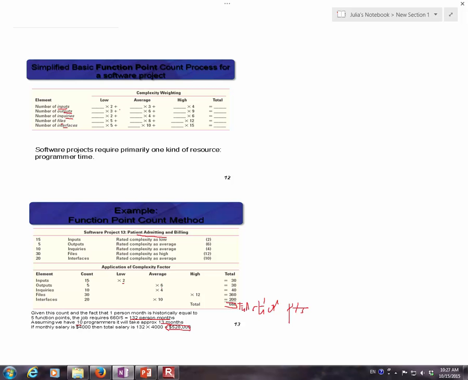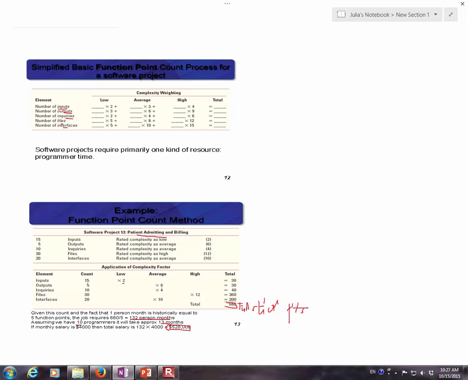If the complexity level is low, you use the weight 2. If the complexity level is average, the weight will be 3. And if the complexity level for the inputs is high, the weight will be 4. Then you multiply the number of inputs times the weight factor, and you get the total function points for inputs.